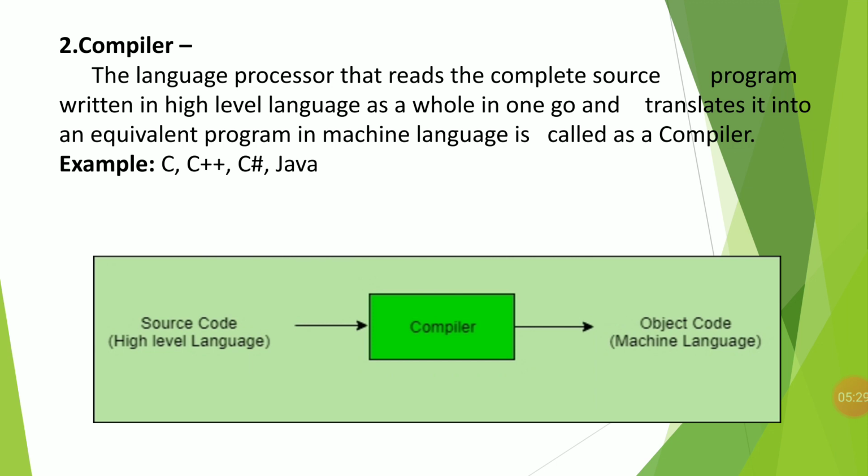It means whatever program a programmer writes, the language translator checks, according to the grammar, whether all the code is written properly or not. If there is any mistake, then it is the responsibility of that language processor to give an error message to the programmer that here the programmer has committed a mistake.